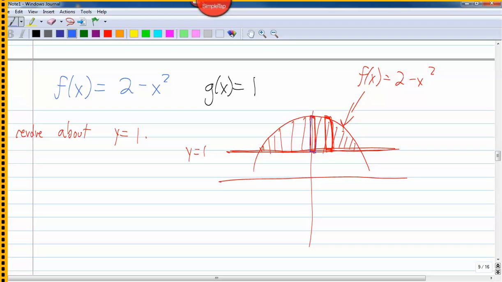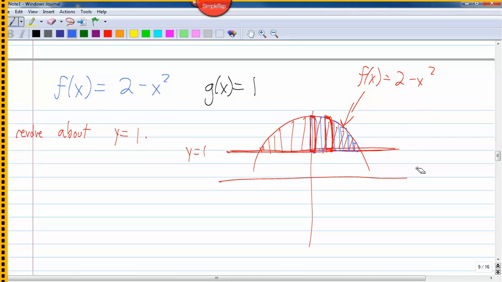So my rectangles are going to be between y equals 1 and wherever I am on this graph. You see my rectangles, the heights are changing with the function? But if I plug a number into the function, I'm getting the height from the x-axis up.